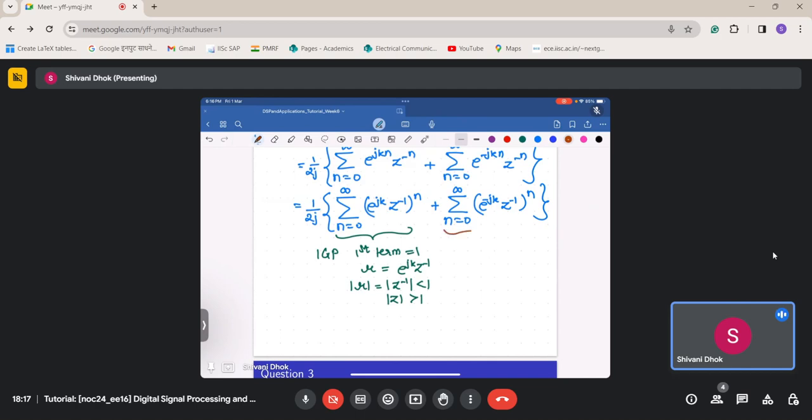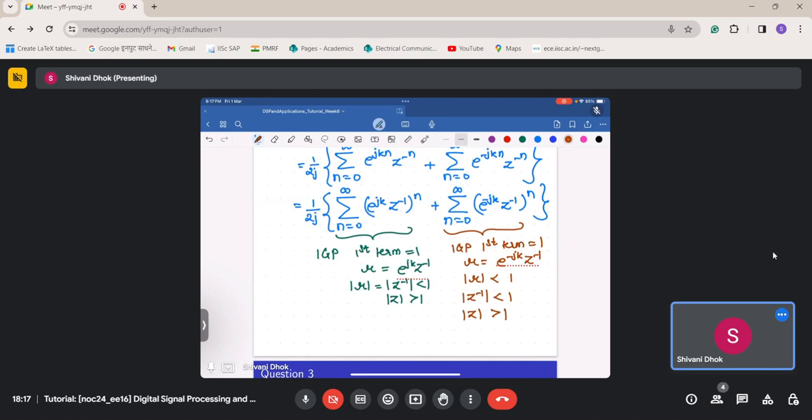In a similar way, this quantity is also an infinite geometric progression with first term 1, common ratio e power minus jk into z inverse, and this will also converge if magnitude of r, which is again magnitude of z inverse, is less than 1, or magnitude of z is greater than 1.